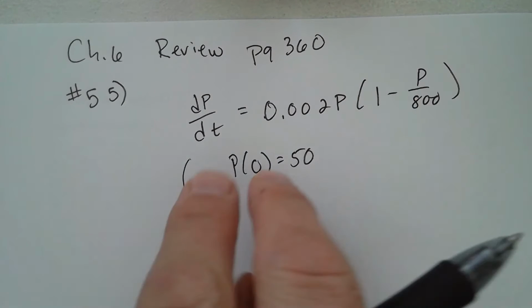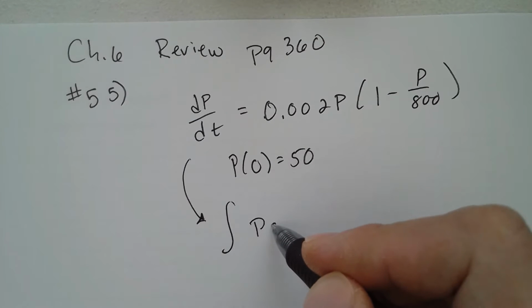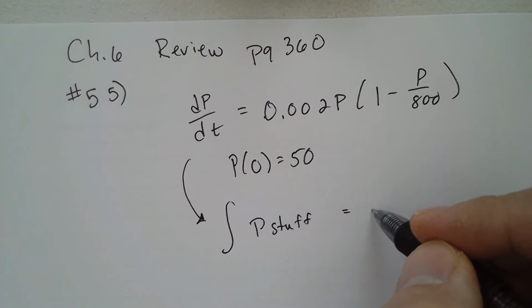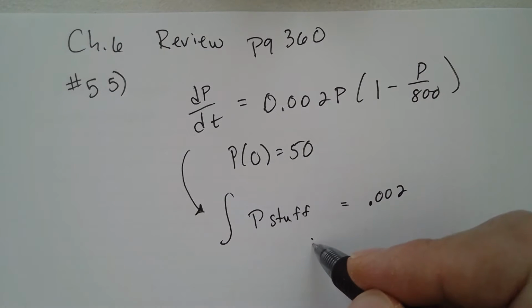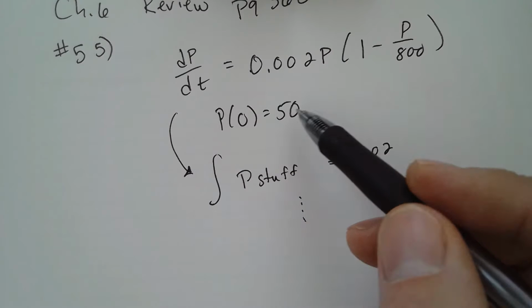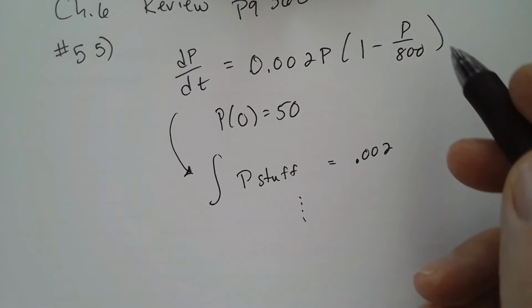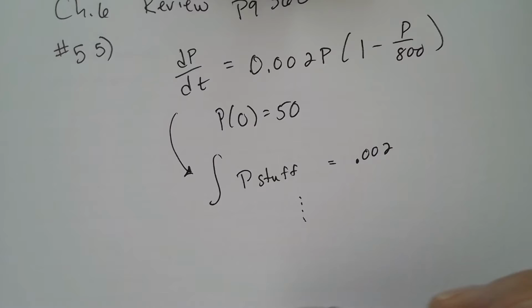You move the p's over, so you end up integrating all the p stuff, and then leave just the 0.002, go through all of that, and then use the initial value of 50, and then you'll have your logistic growth equation. This is the differential equation, and this would be the original growth equation.